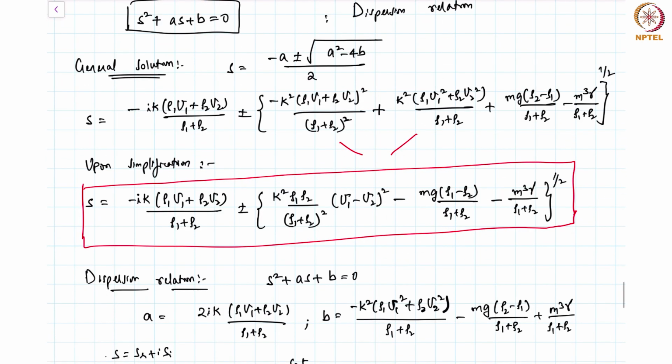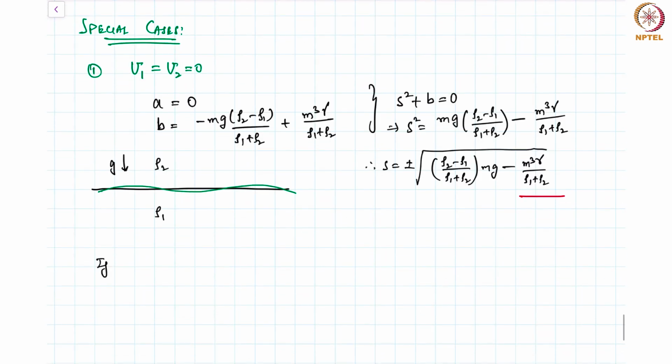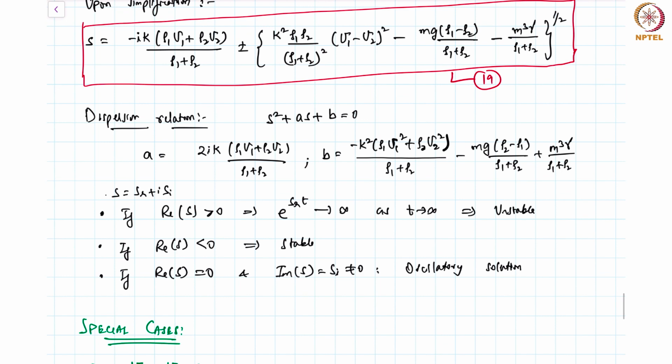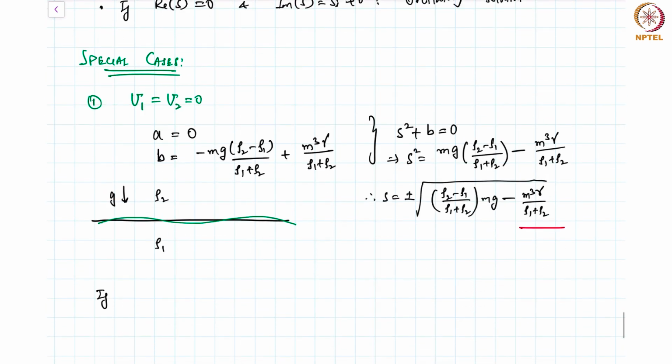The full dispersion relation, we'll call it as 19. The special differential equation, the simple form, will give a different label. This is 20 and 21. So now we have basically got the dispersion relation number 22, which is valid for the system that is shown. You have an interface which is perturbed. You have rho 2 above and rho 1 below, correct?